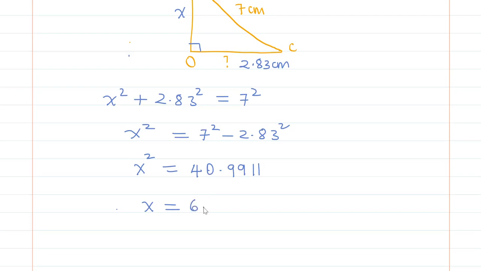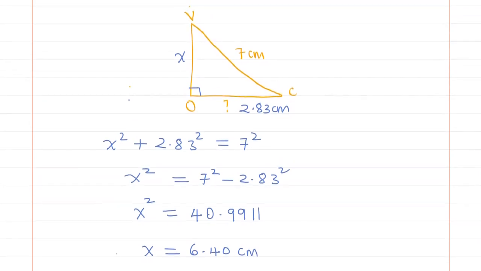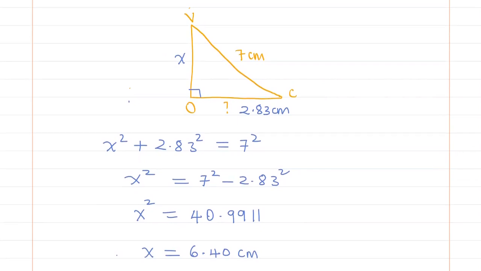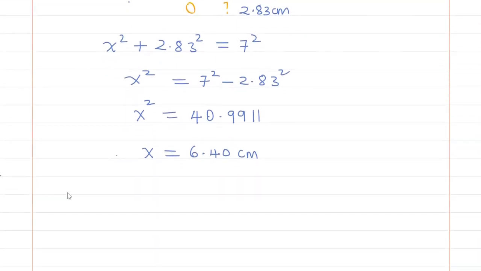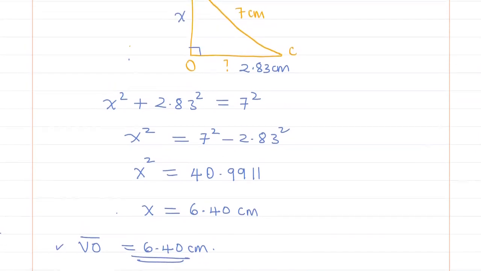I'm getting here 6.40 centimeters, that is two decimal places that I chose before. So the distance X is 6.40 centimeters, and therefore, our height VO is 6.40 centimeters. That is the height VO of the pyramid that we were given.